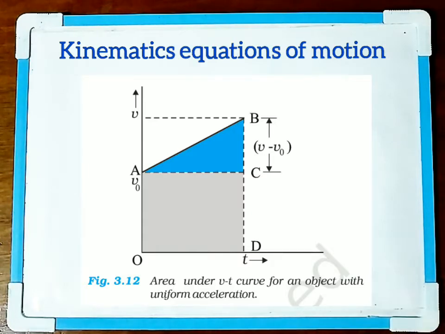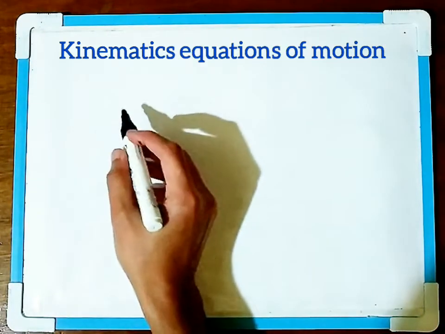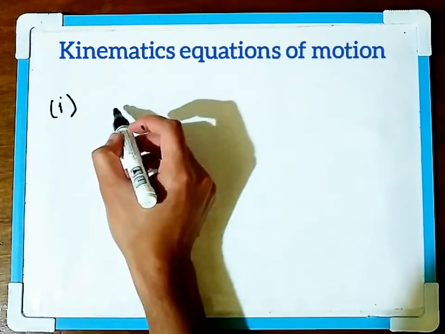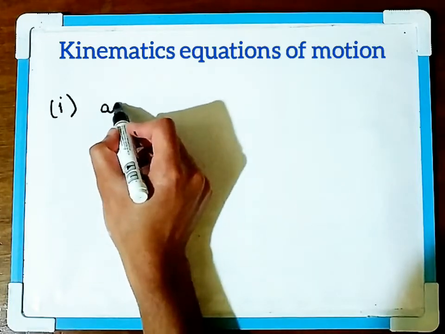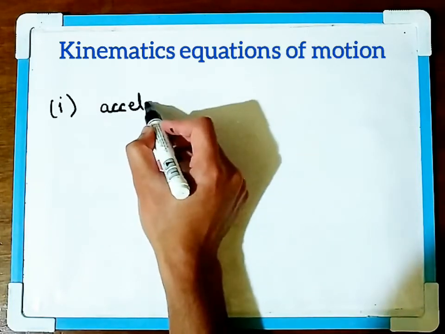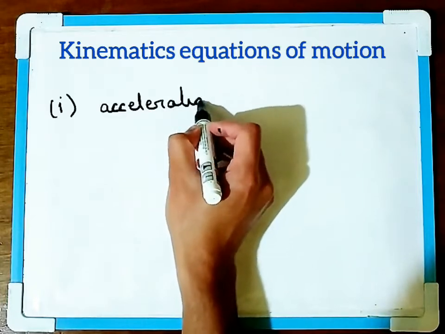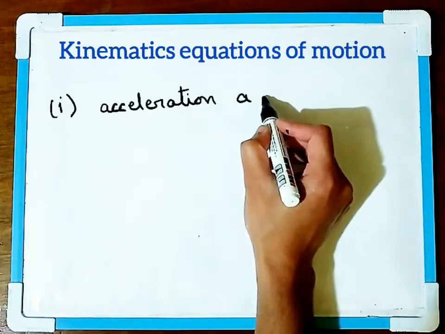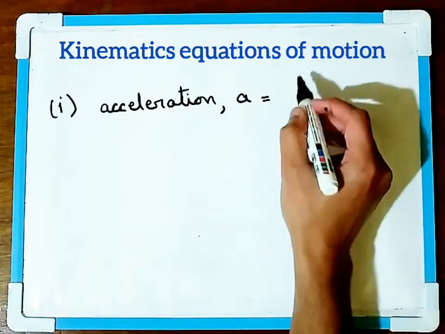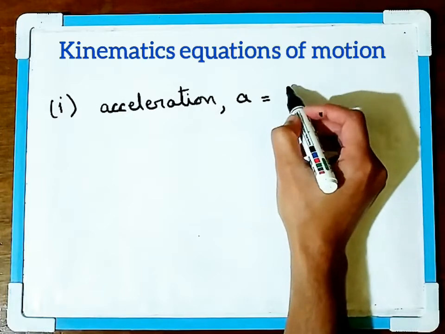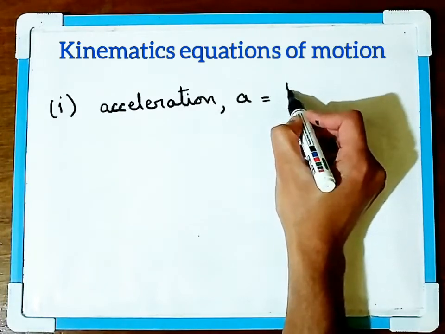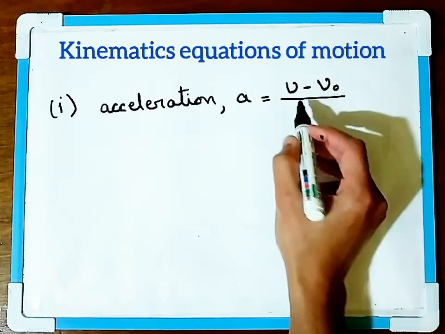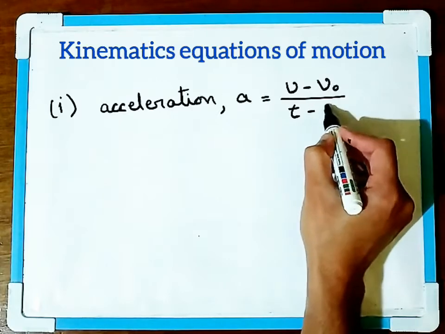From the definition of acceleration, the average acceleration is equal to the change in velocity, which is v minus v0, divided by the time interval, which is t minus 0.